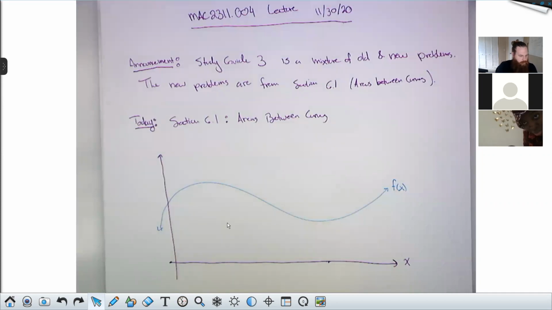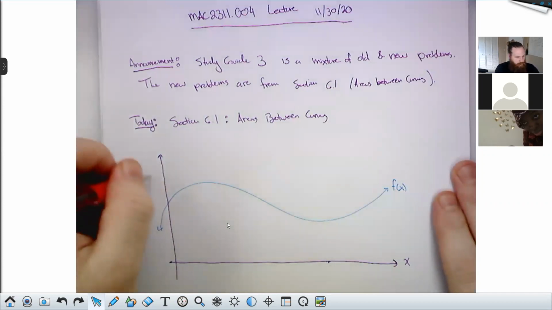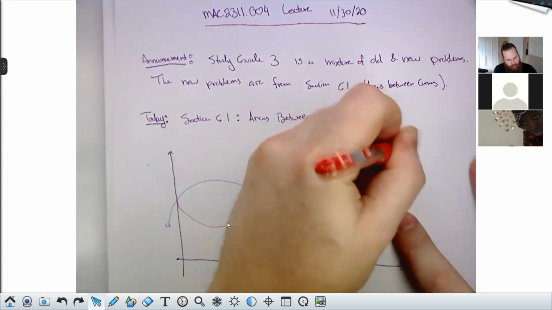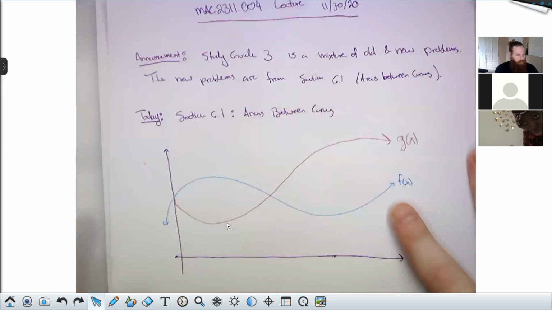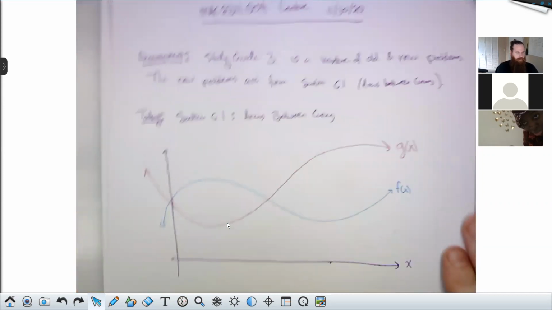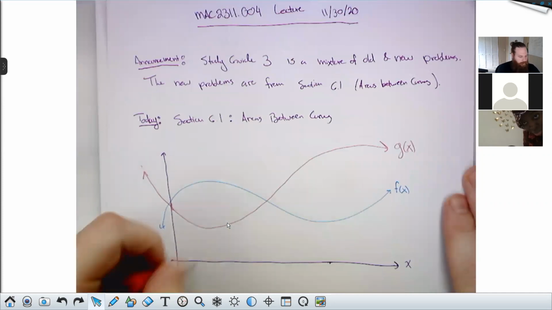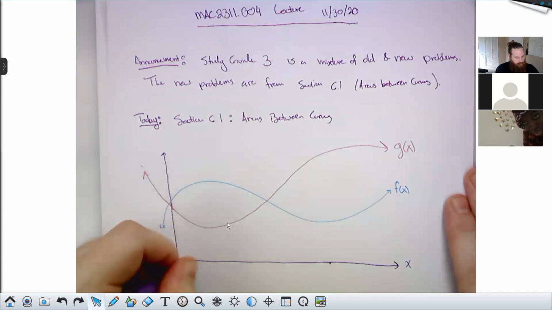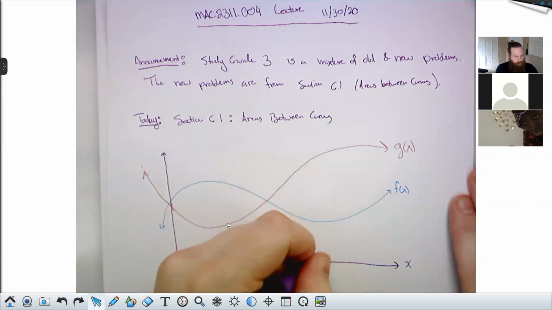Let me do a slightly stronger color for the other. Let's do it like this, g, red. And I'd like to find the area between them, say from x equals a to x equals b.